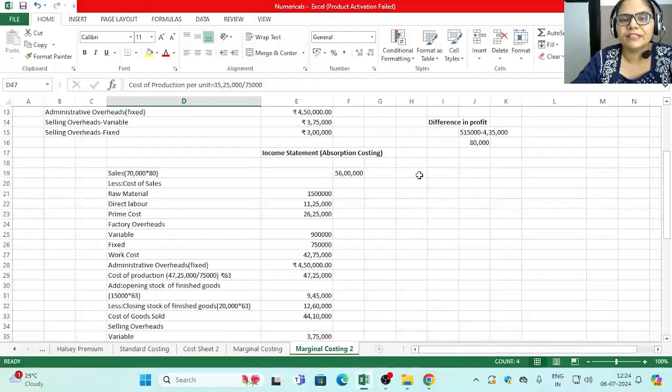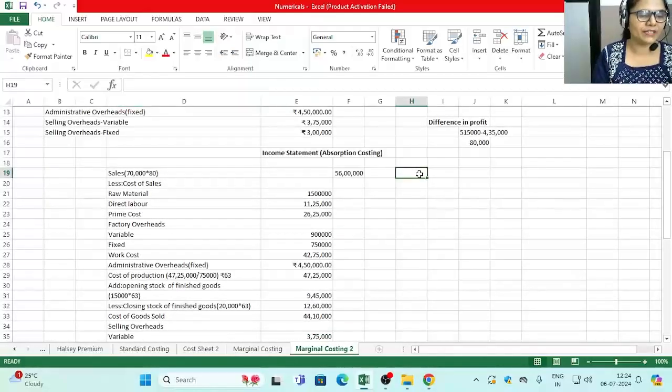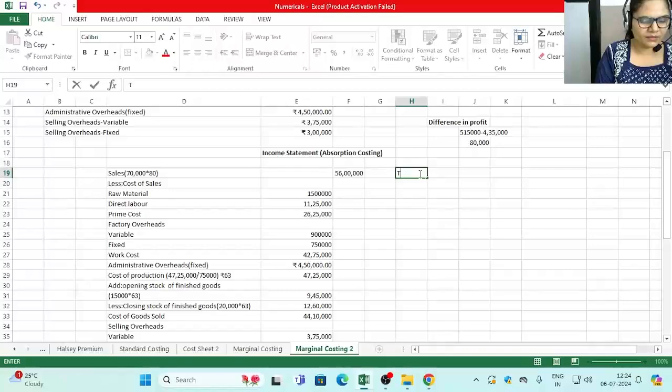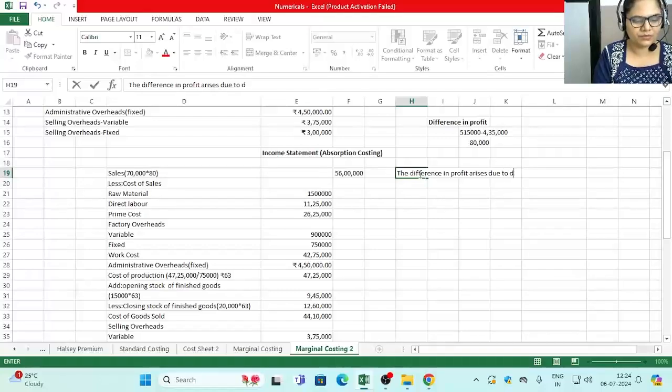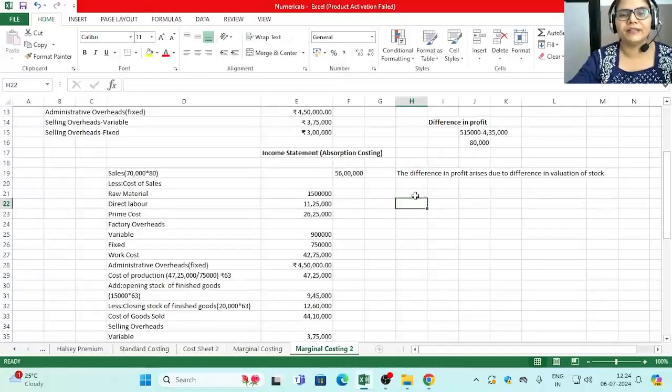So let me explain why the difference in profit arises due to difference in valuation of stock. Let us explain this situation.